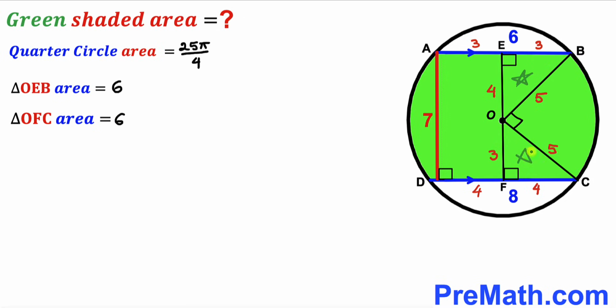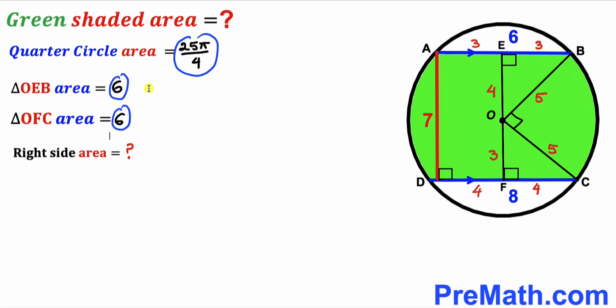So this whole right side area is going to be equal to the sum of this quarter circle area, this triangle area, and this triangle area as well. Here's our quarter circle area, here's our first triangle, and this is another triangle. So if we add all these 3 areas, 6 and 6 is going to give us 12 plus 25 pi divided by 4.